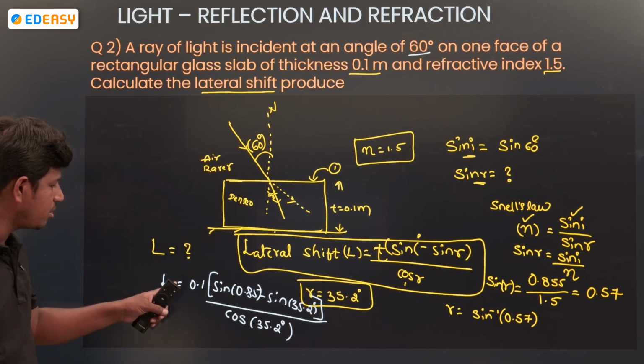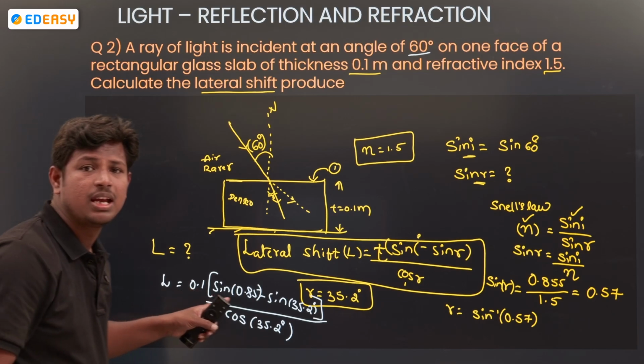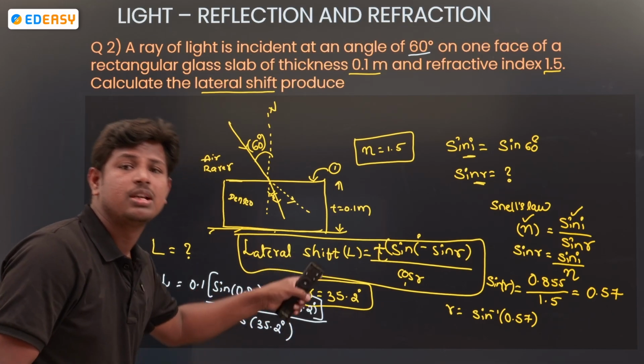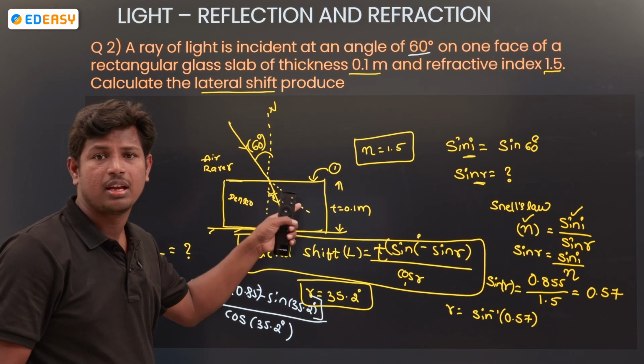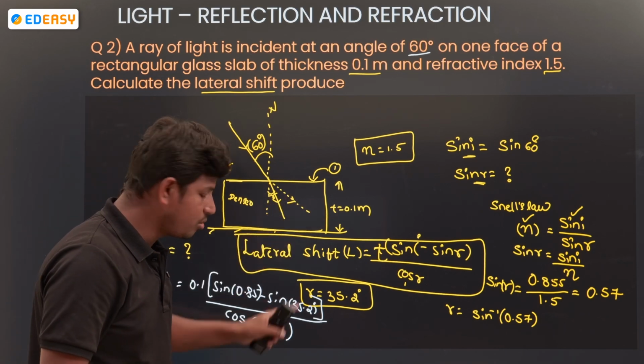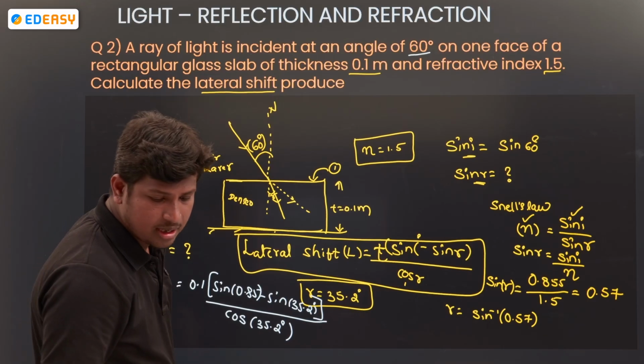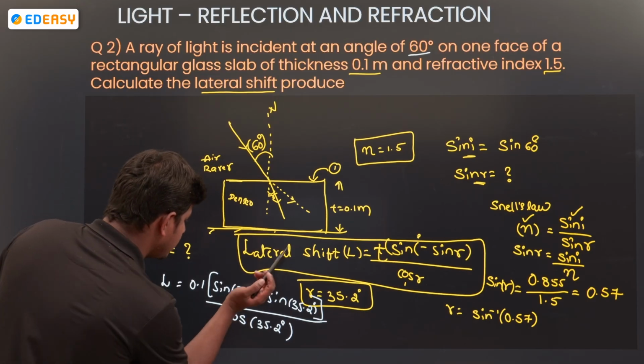Okay, so substitute all the values. What they gave: T value is given 0.1, we substituted. Sin I value, sin 60 we taken, 0.85, and we substituted sin r value 0.57.